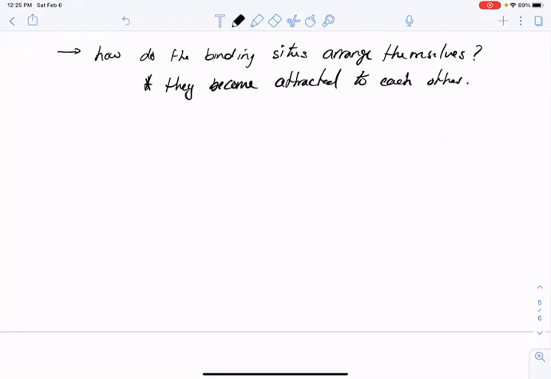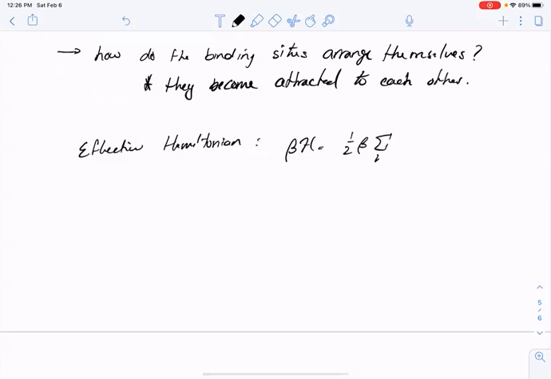So we have an effective Hamiltonian describing the statistics of the height field, written in Fourier space as a sum over wave vectors, like so.